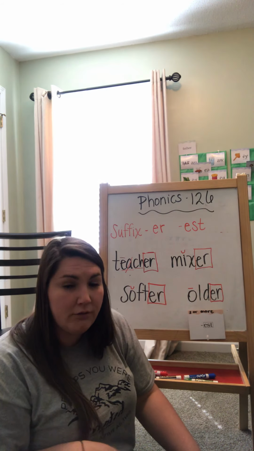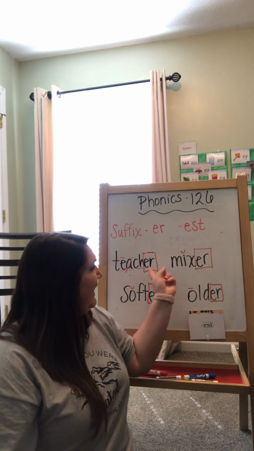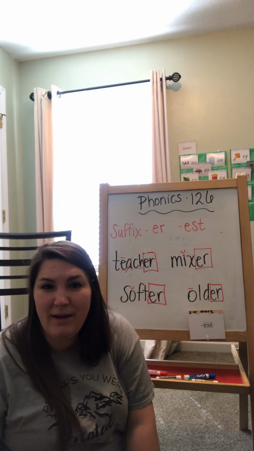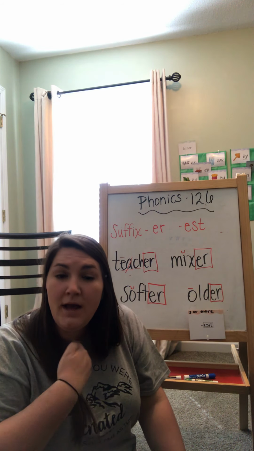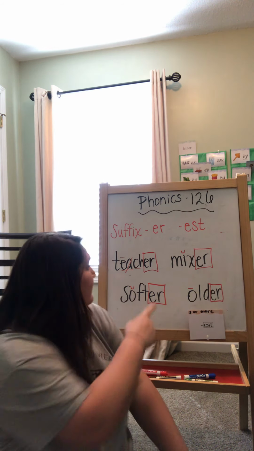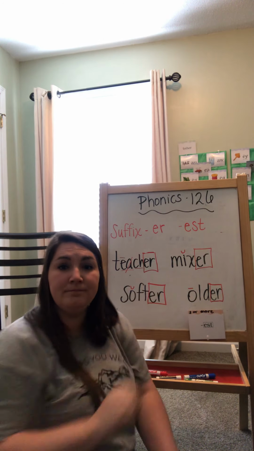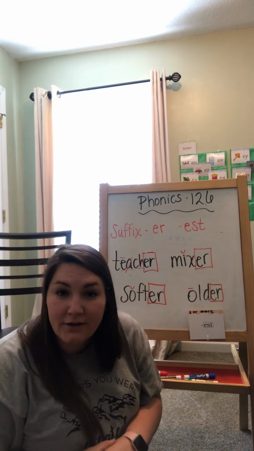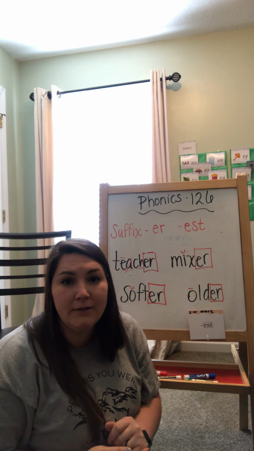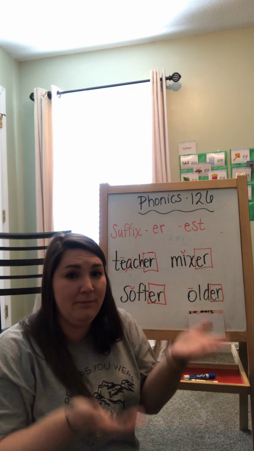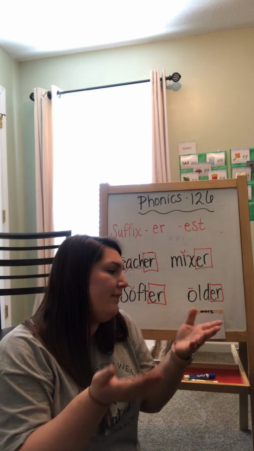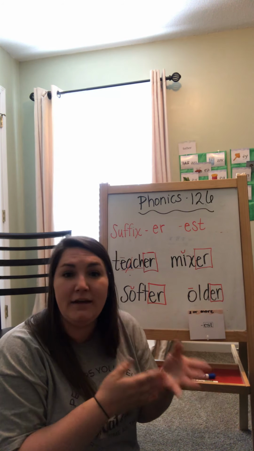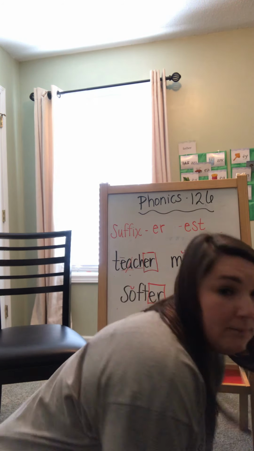But also, remember I told you at the beginning that er can tell me about something. For example, I teach, so I'm a teacher. You may bake, so you are a baker. So the suffix er can either tell me that I'm comparing something, or tell me the meaning of something or someone.